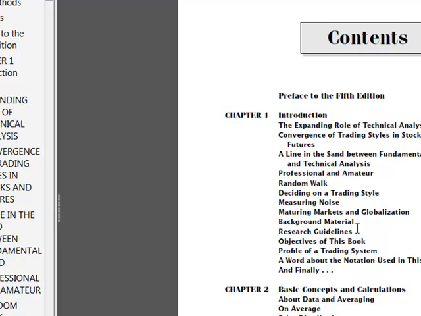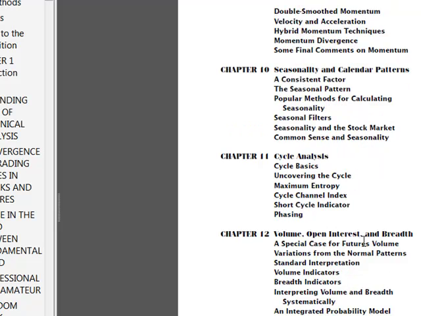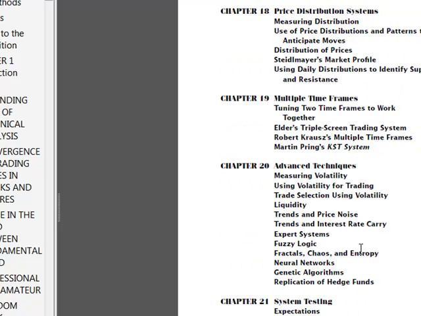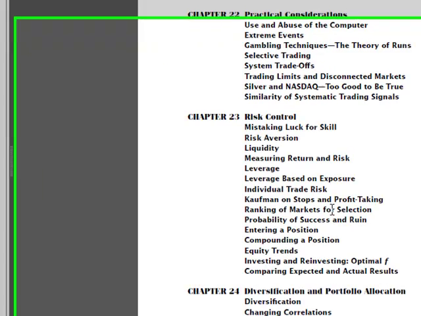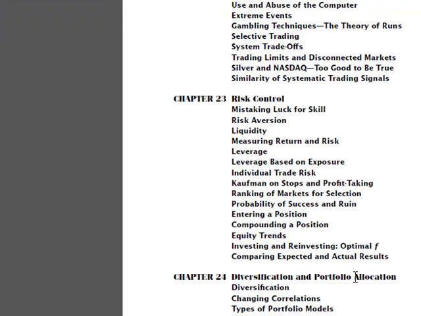Alright, so let me just state about the book itself. This is the first book that covers everything, absolutely everything. There are books out there, I'm not going to say names, that do not cover things like diversification, portfolio allocation, and risk control. This book has all that. Up until this point, I was always confused, how do I handle risk control and diversification or portfolio allocation?